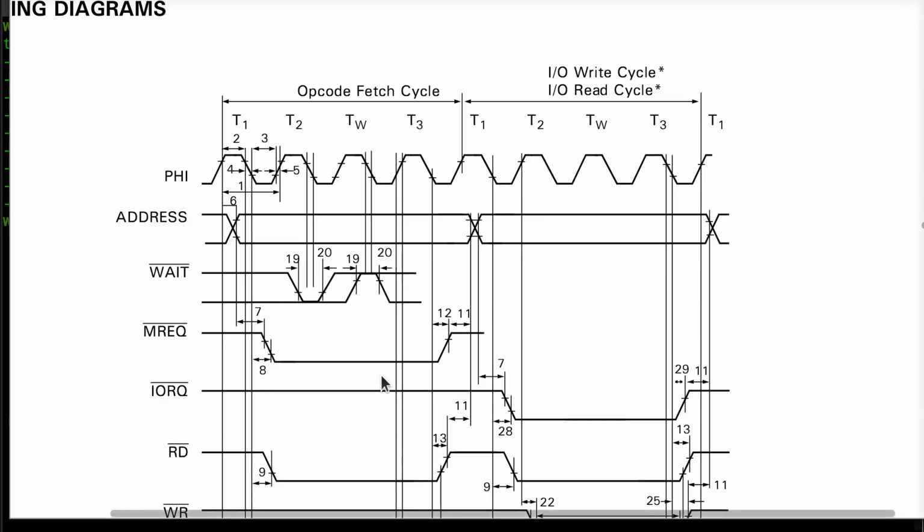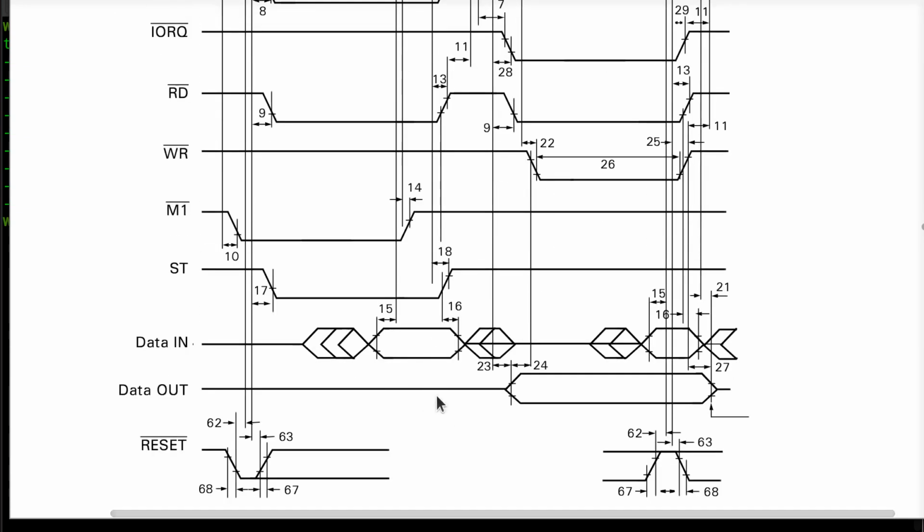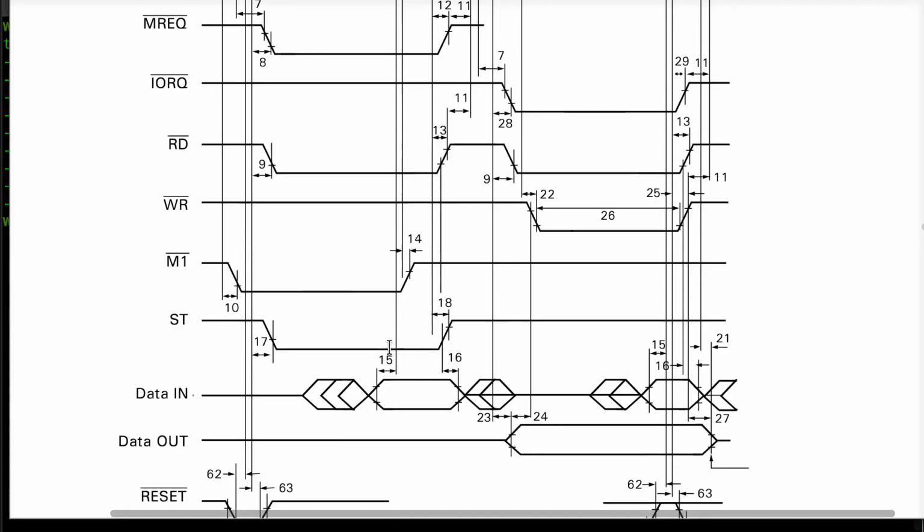So if, for example, the data became valid in my design on a falling edge here, actually this doesn't exist, this is a wait state, on the falling edge in this example of T2, I would have 25 nanos to get the data on there before the rising edge of T3, minus the 10 that I'm supposed to use for the setup time that I am responsible for, which means as long as I have 15 nanos after the falling edge of T2 to waste, as long as I get the data on there before then, I'm good for that setup time.